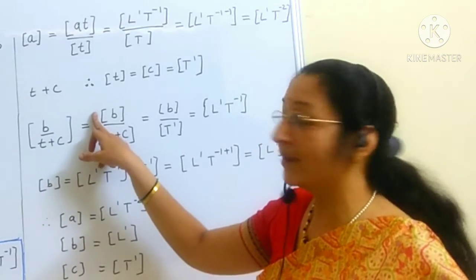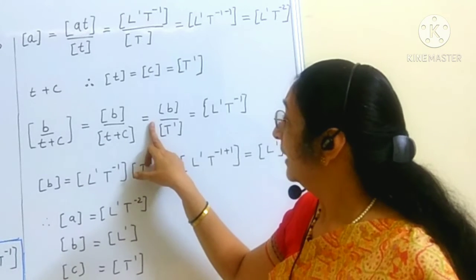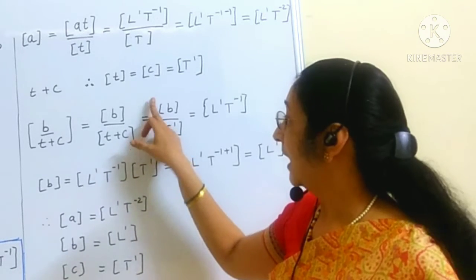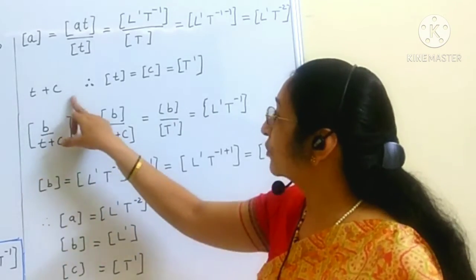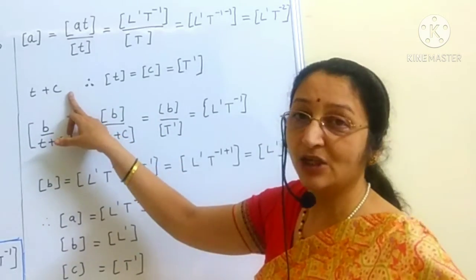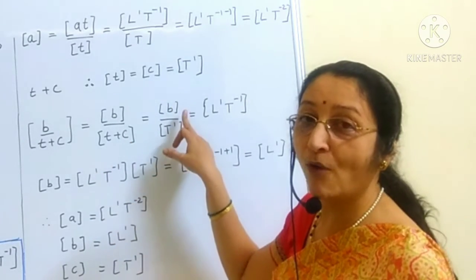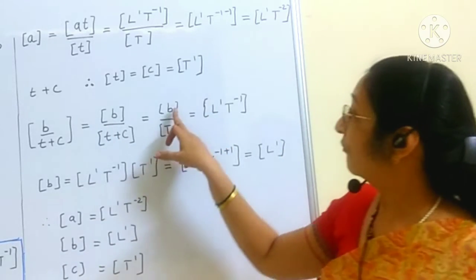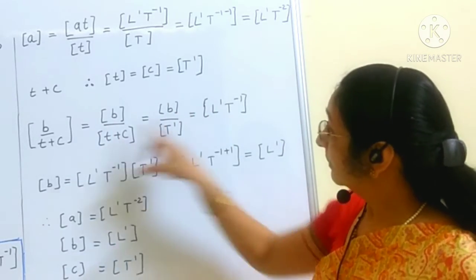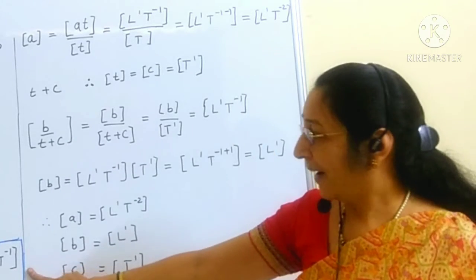Now, we go for B upon T plus C. The dimension of B upon T plus C is equal to the dimension of B upon the dimension of T plus C. But what is the dimension of T plus C? Both have the same dimension, that is T to the power 1. And the dimension of B upon T plus C is L to the power 1, T to the power minus 1.